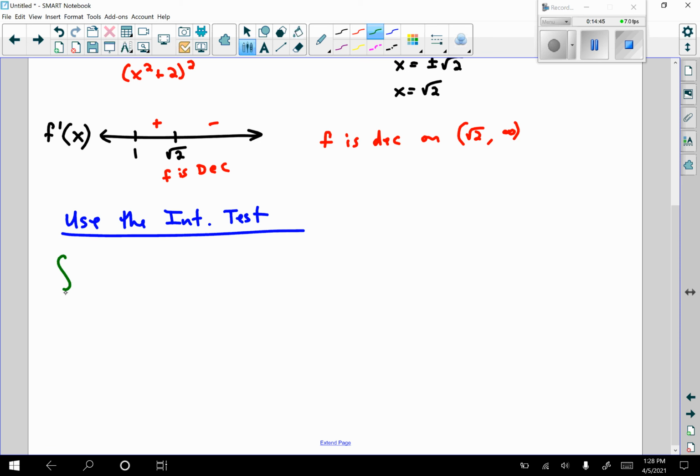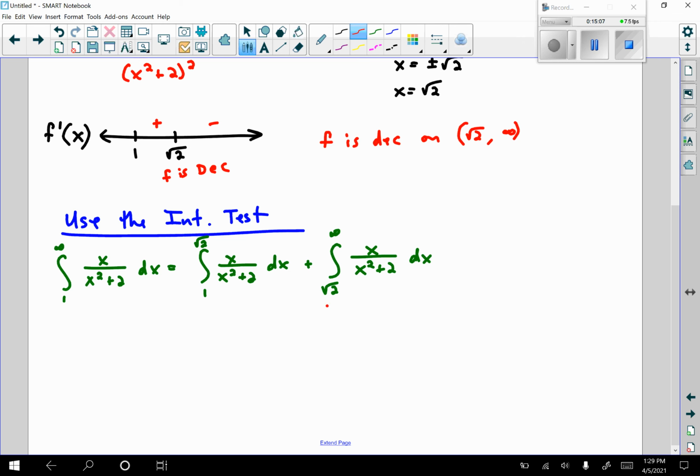So I know now I can write the integral from 1 to infinity of x over x squared plus 2 dx is going to equal the integral from 1 to radical 2 plus the integral from radical 2 to infinity. And this is the one I want to look at.